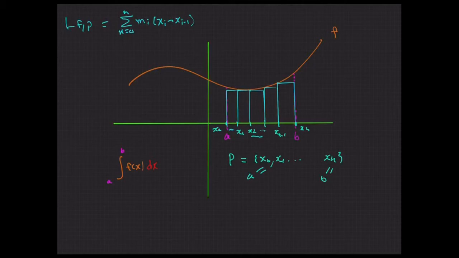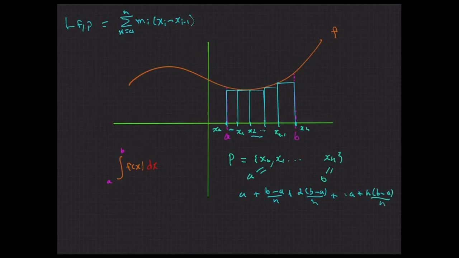Now, if I make this a uniform partition, the way that I do this is I take a, and then I add (b minus a) over n to it, and I keep going like this. I should put in the second one here. So a plus (b minus a) over n, plus 2 times (b minus a) over n, so adding another one, and all the way down to, last one is a plus n times (b minus a) over n.